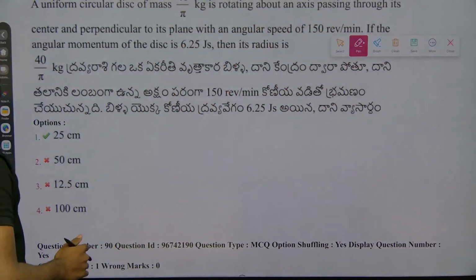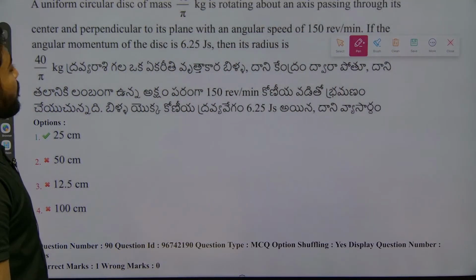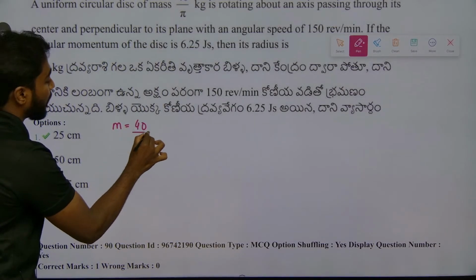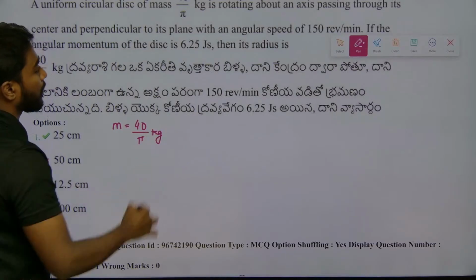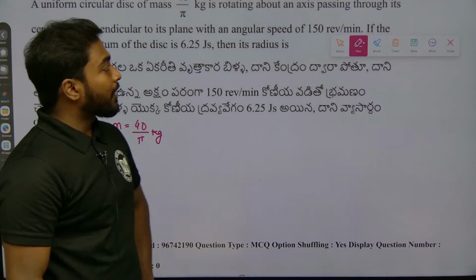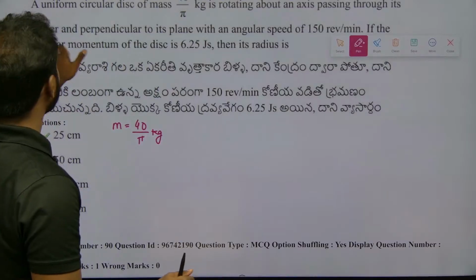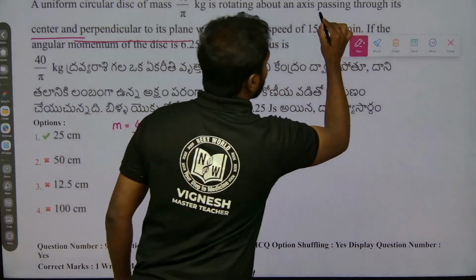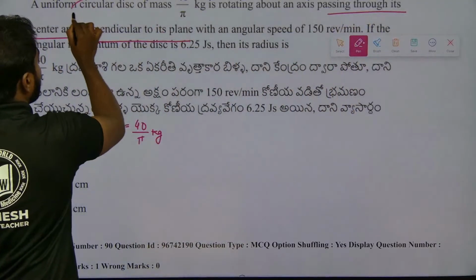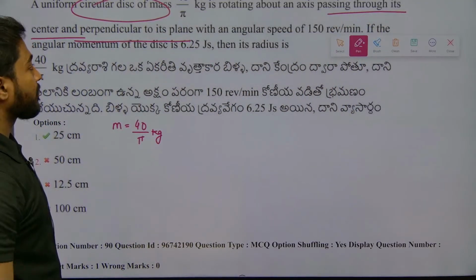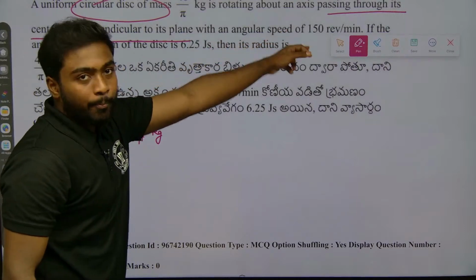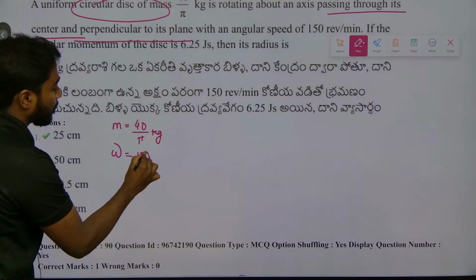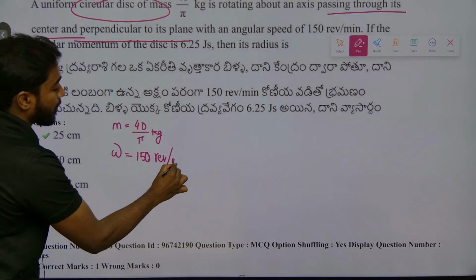Yes. So a uniform circular disc of mass is given as 40 by pi kg. I'll write, is rotating about an axis passing through its center and perpendicular to its plane. So note this point, why they have given this, I need to take the moment of inertia of the circular disc, right? With angular speed omega is equals to 150 revolution per minute.